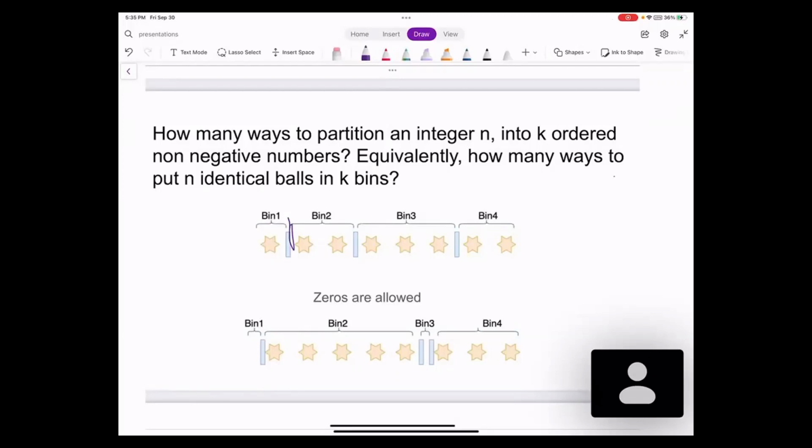And say there's 2 in between bars 1 and 2, so there's 2 in bin 2 and so on. This also allows us to have 0 balls in a bin. For example, if we want 0 in bin 1, then we can put no stars on the left of bar 1. And similarly, we can also put 0 in bin 3.